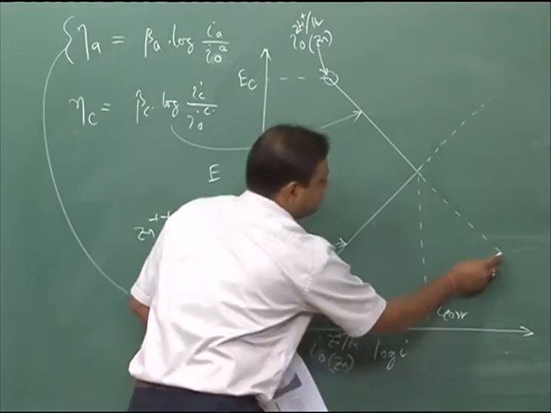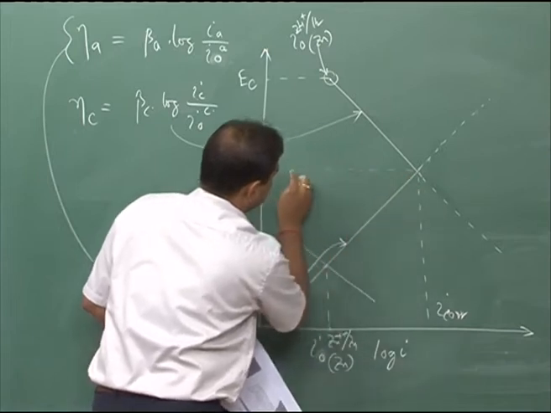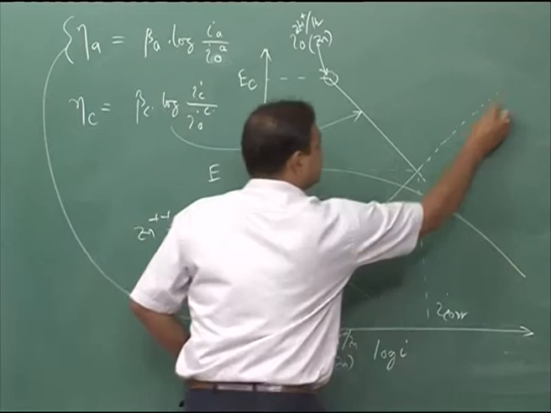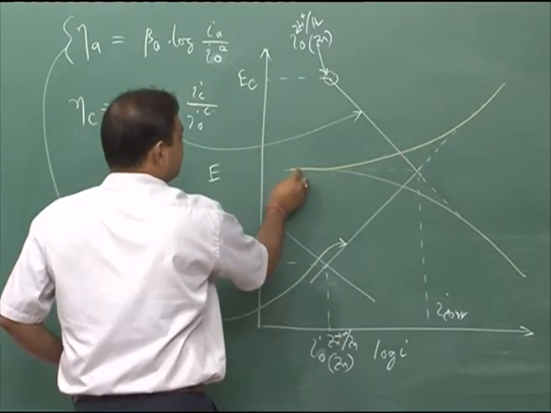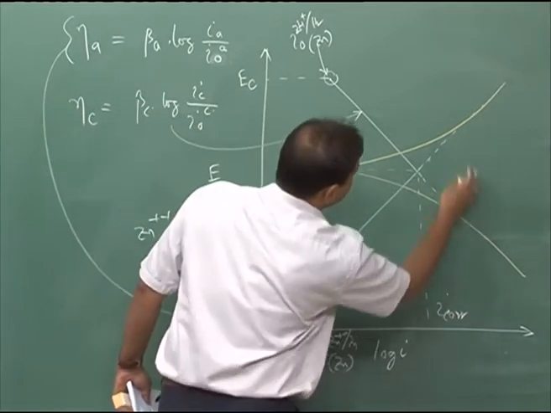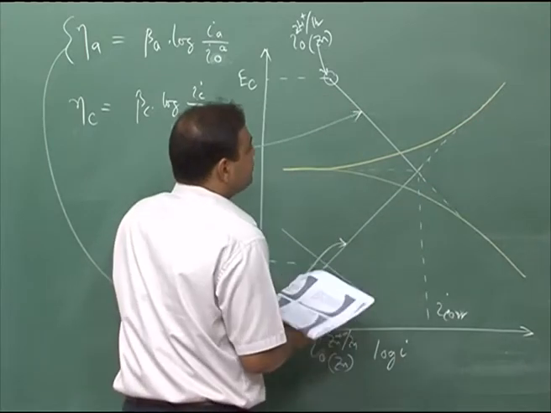So, this is the nature of the curve, and this line actually meets this straight line part. This is the straight line part.